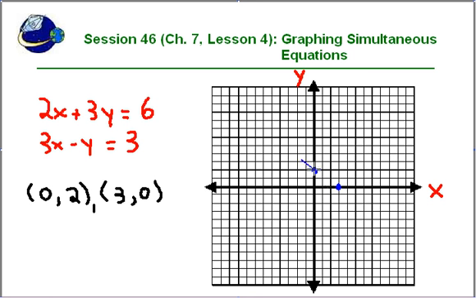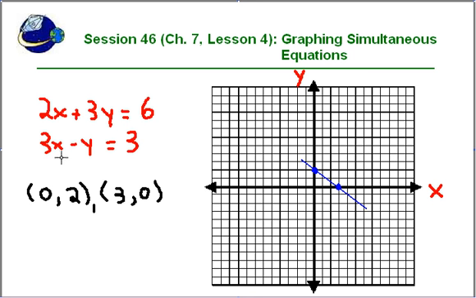Then I can connect these points with a line, which becomes the graph of that particular equation. And remember, a line goes on forever, so it would continue to extend this way and down this way indefinitely. That takes care of the first equation.